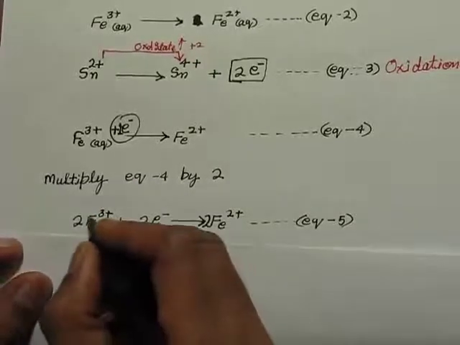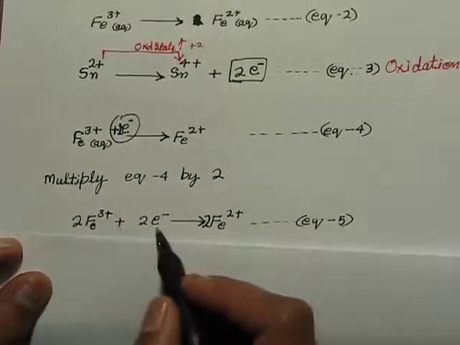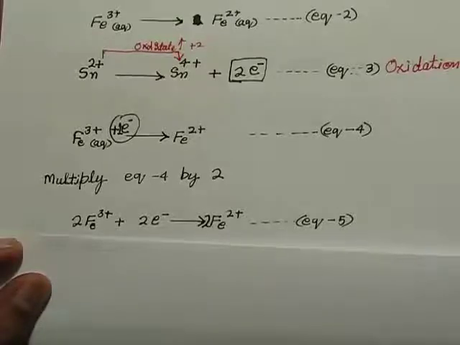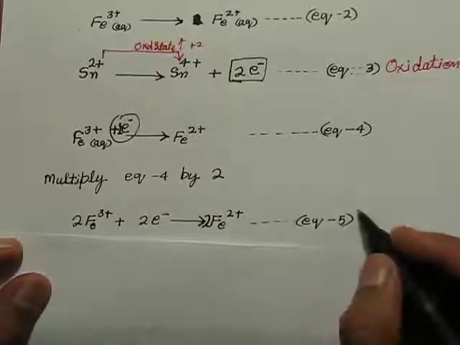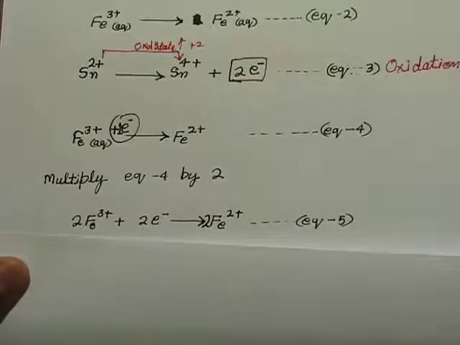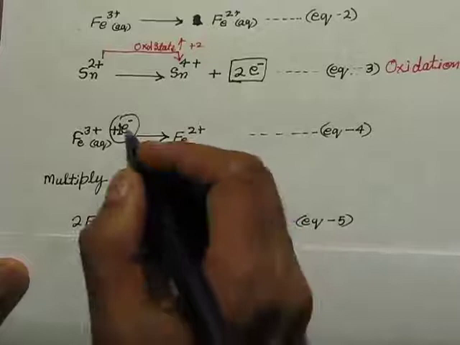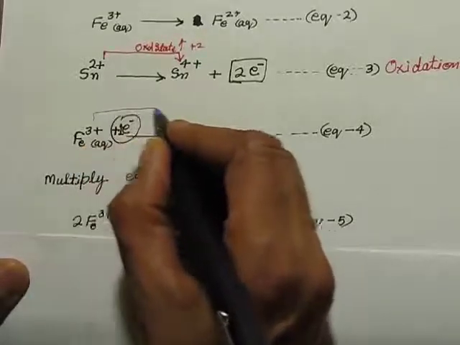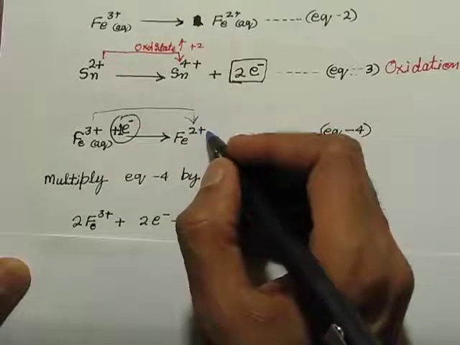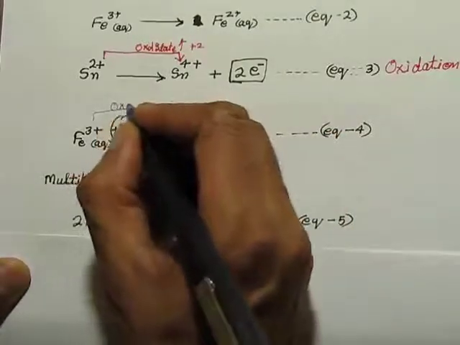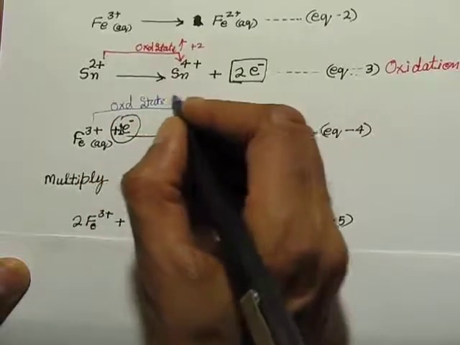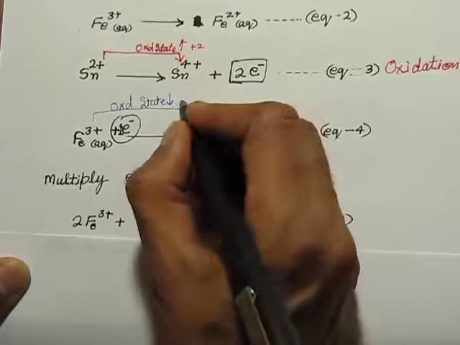So this will become 2 Fe3+ plus 2 electrons gives 2 Fe2+, and I will call this equation number 5. In this reaction, if you see the oxidation state of iron going from 3+ to 2+, it means the oxidation state is reducing by 1.